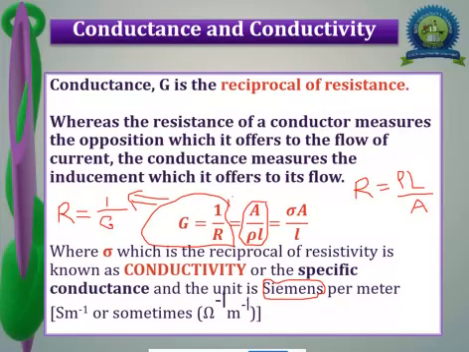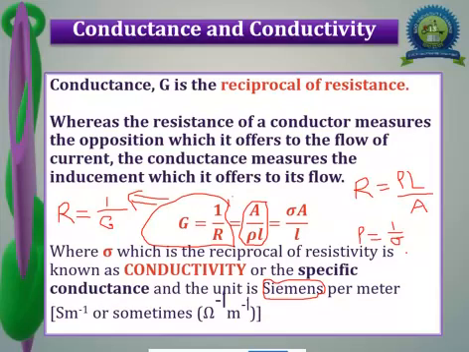However, I said earlier that the opposite of resistivity is conductivity. So rho is equal to, this is rho, not P, 1 over sigma.